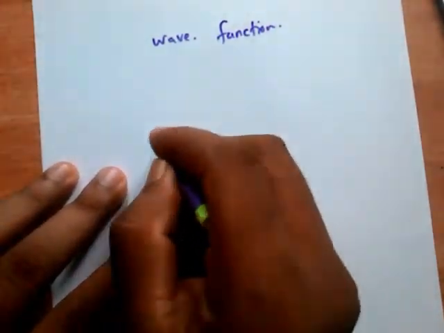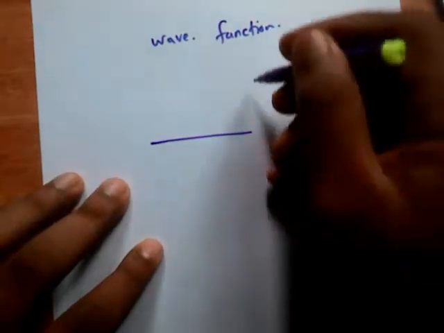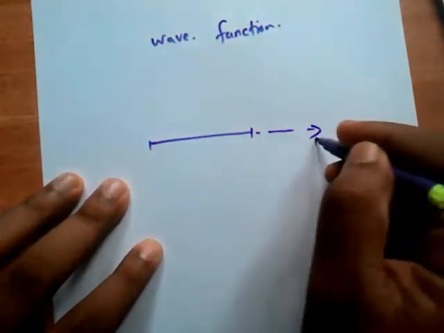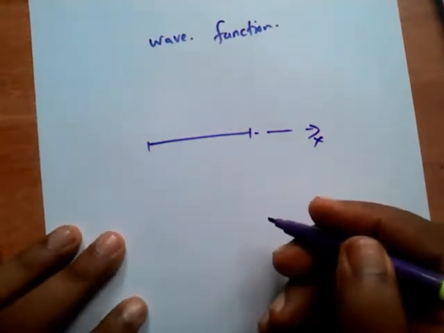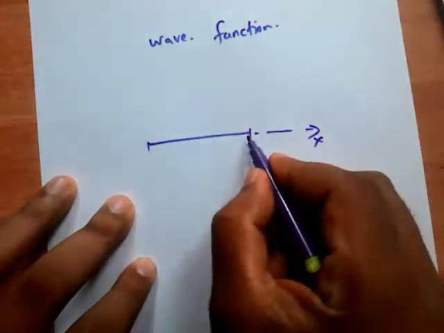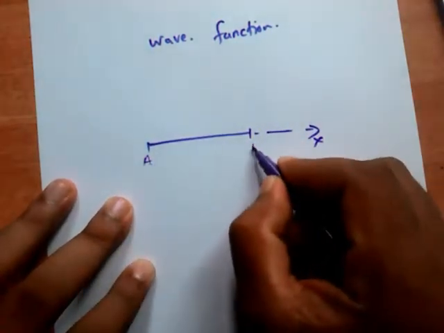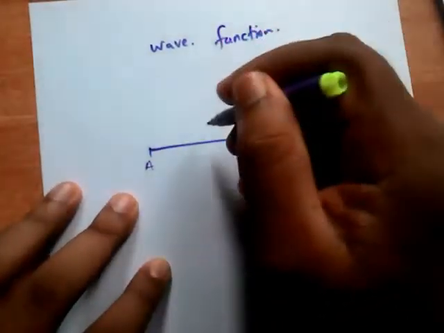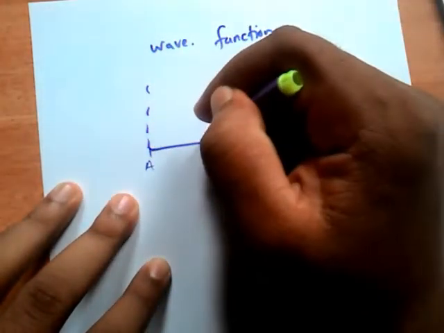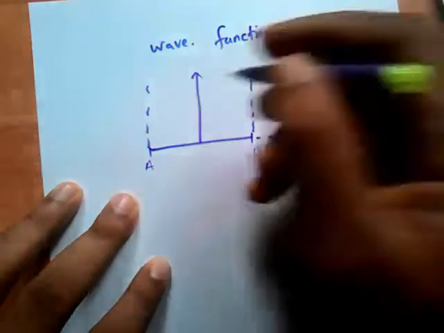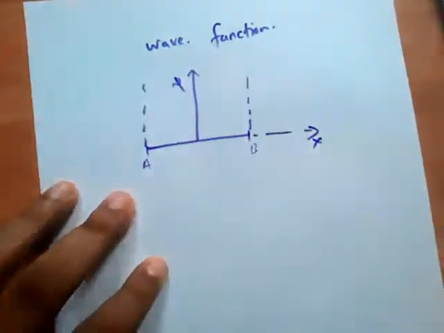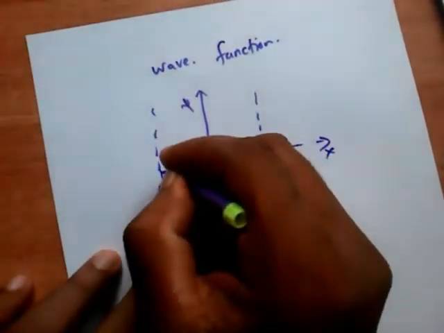Let me consider an electron moving in x direction, and the electron can move from point A to point B. In the y-axis, I am drawing a wave function, a position wave function psi, and this is the electron.